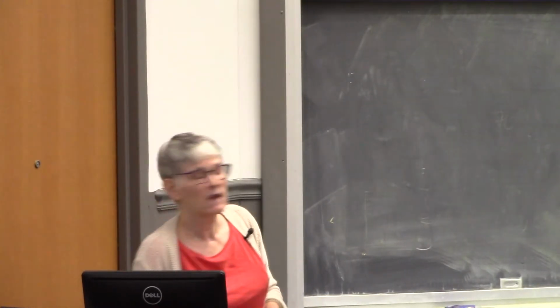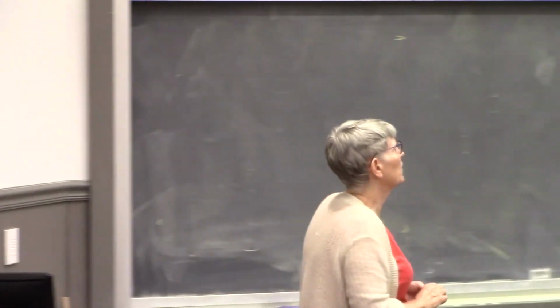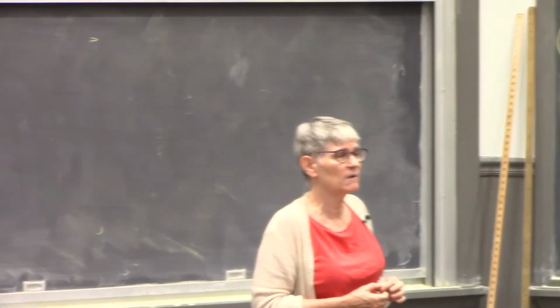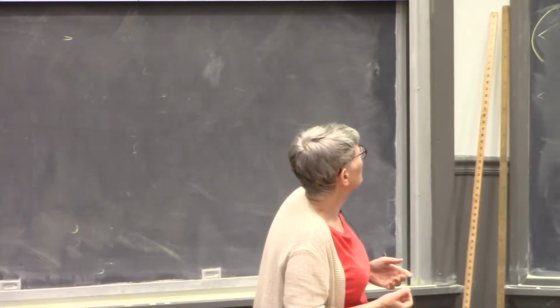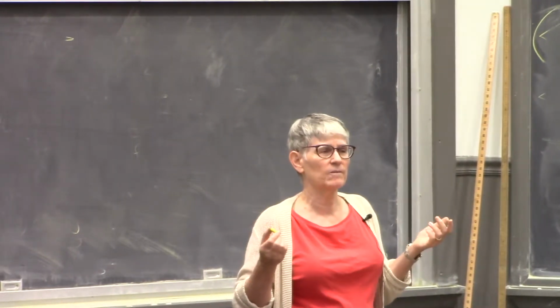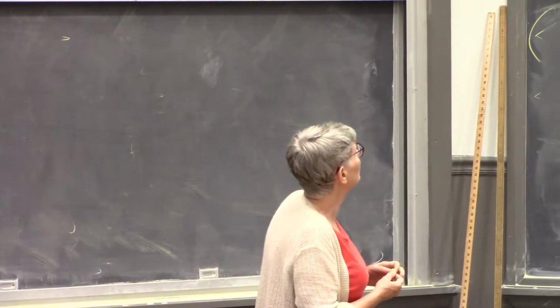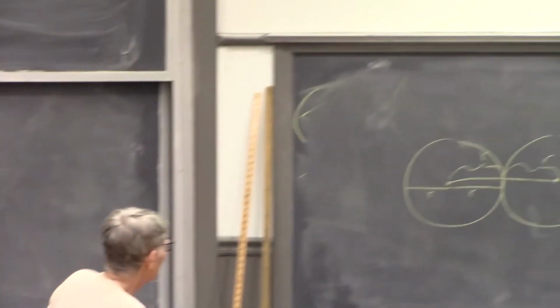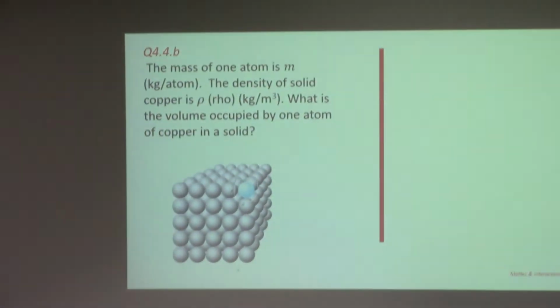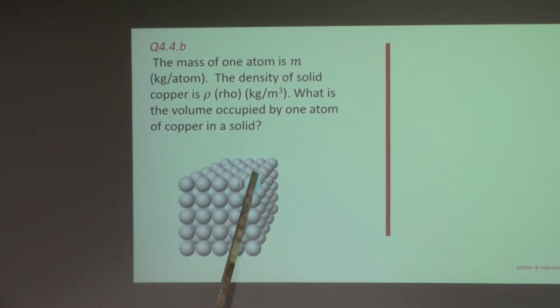Our goal is, there are a lot of data out there on solids, and so it's easy to find the density of a solid metal. Just look it up. And the idea is that if we could find the volume occupied by one atom, we could find out the atomic diameter.